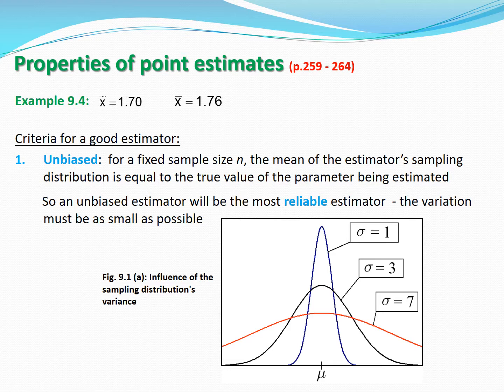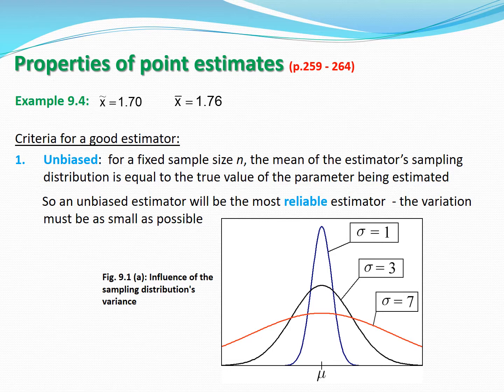There are 3 criteria for a good estimator. First of all, the estimator must be unbiased. So for a fixed sample size n, the mean of the estimator sampling distribution must be equal to the true value of the parameter being estimated. The unbiased estimator will be the most reliable estimator, and this will be the estimator that has the lowest variation or spread.